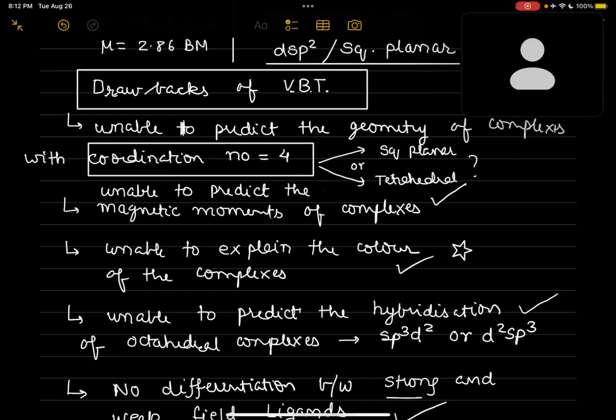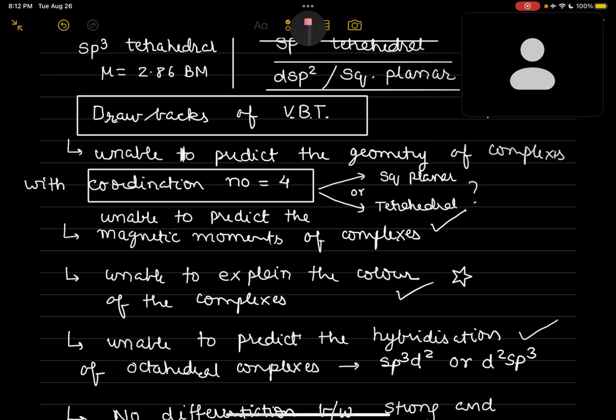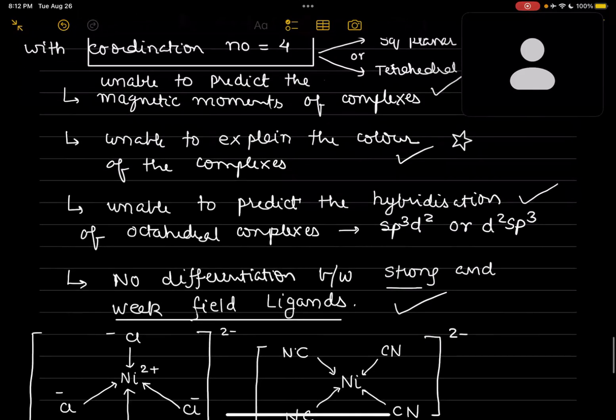Is it clear? So this is lacking in valence bond theory.